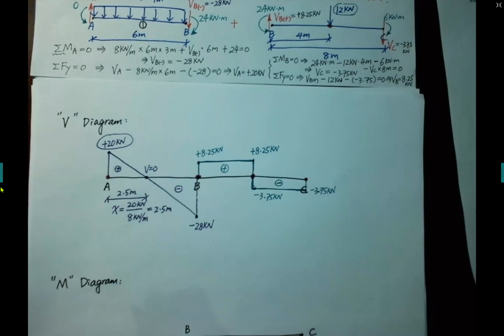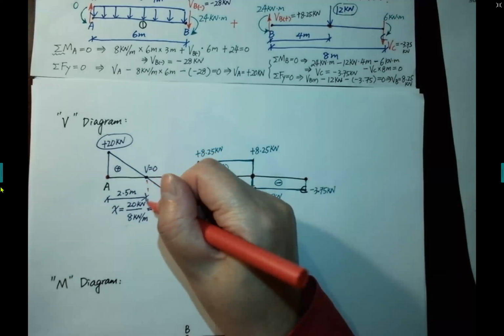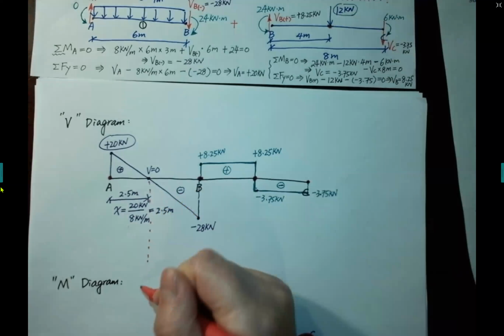For the moment, the key points represent the possible maximum moment locations and include the beam end, supports, so we have A and B, as well as the V equals to 0 point.